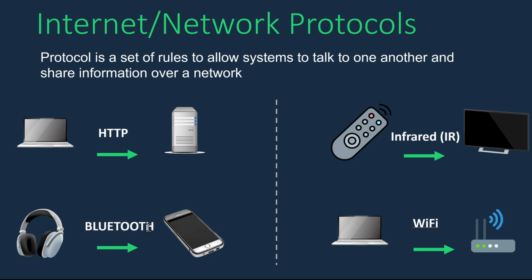For example, Bluetooth: if you want to listen to some music using a headphone, you can use Bluetooth to connect to your phone. To control your TV, in most cases you use a remote that uses an infrared protocol. And if you're connected to the internet via Wi-Fi, in most cases you use the Wi-Fi protocol.